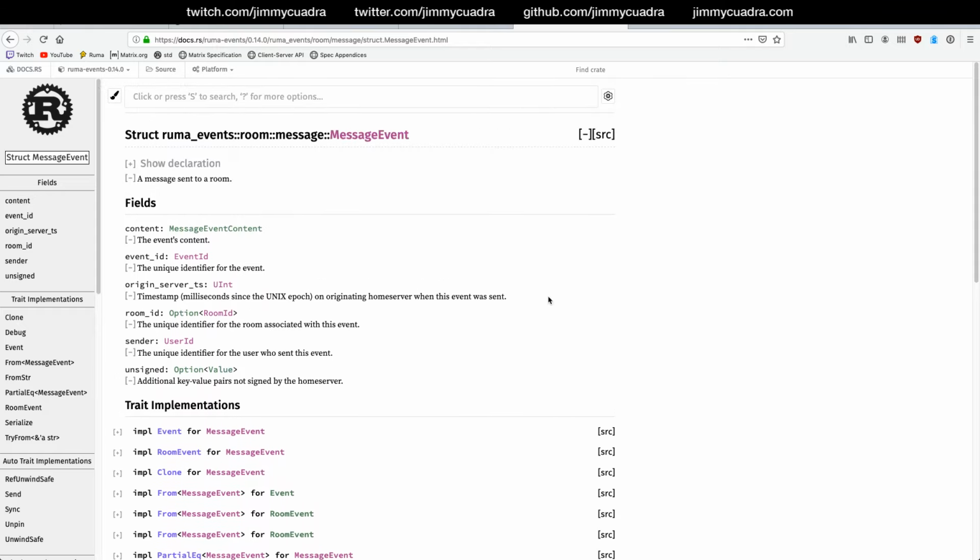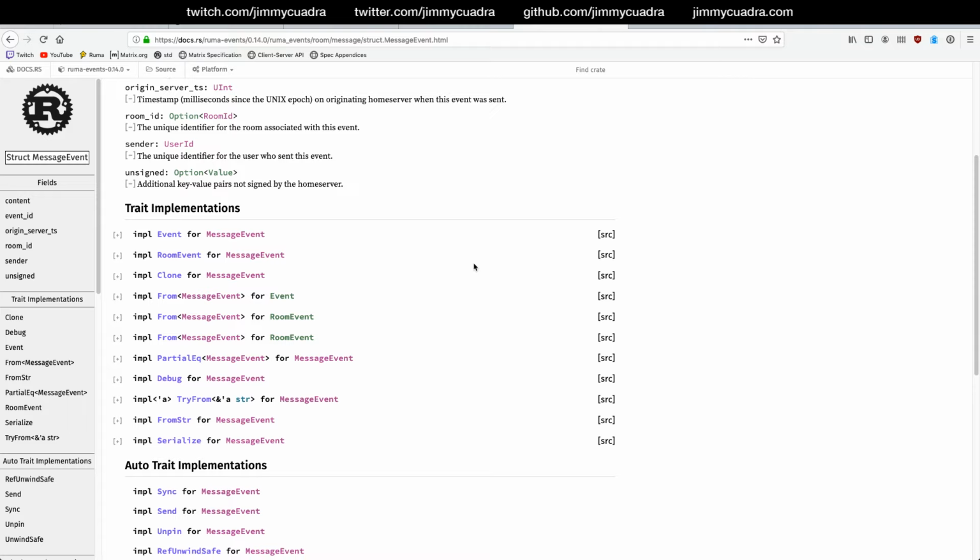But it turns out that there are certain cases where our Rust representation of the type is actually a little more strict than what we might receive as a JSON event over federation when the Matrix service is actually operating. And so we need a way to represent an invalid event when deserializing.